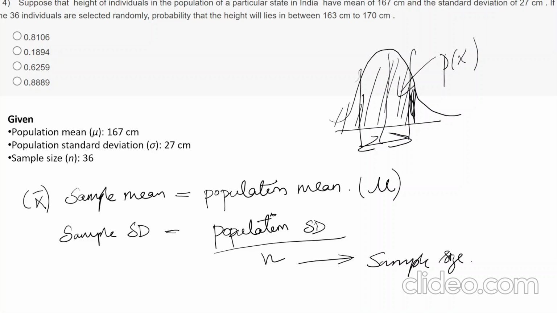Since the number of integers selected is more than 30, it follows normal distribution, when we have estimated the sample mean from the population mean and sample standard deviation from population standard deviation.